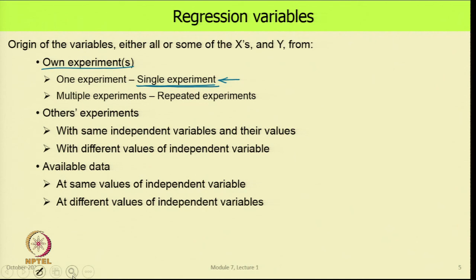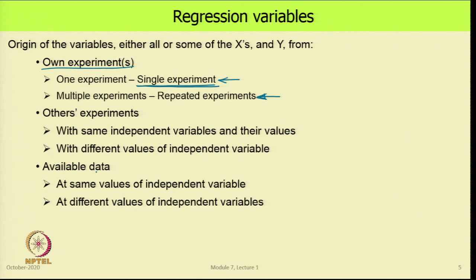We also saw a technique where we said there are multiple experiments, repeated experiments. So, our own experiment could have also generated data from this. So, that is also okay. Now, there could be situations where we have maybe some of our own experiments and some data from others' experiments.